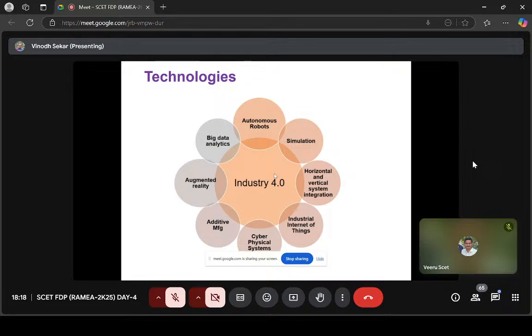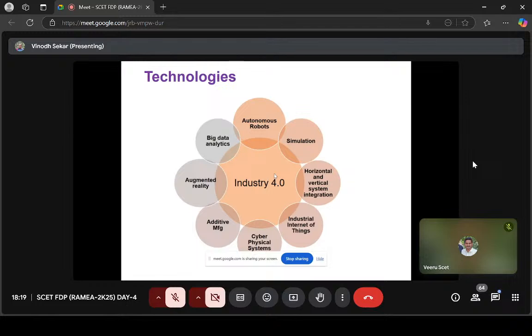Coordinators, are there any queries in the chat box as of now? No, sir. No queries in the chat box. Okay, so attendees may feel free to post the queries, and I can break and respond to the queries.